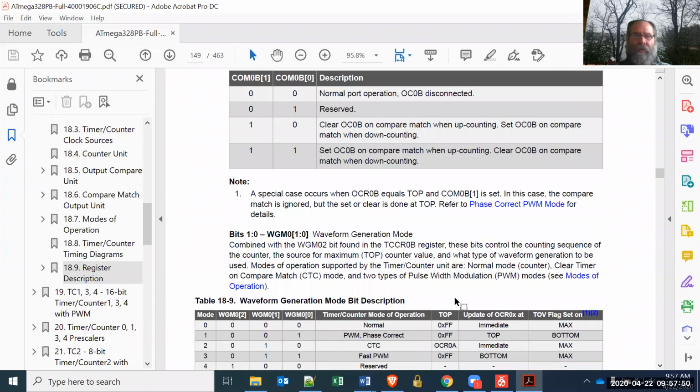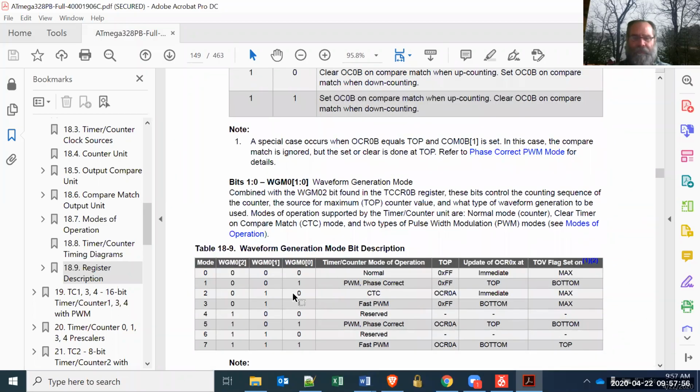We are in mode 3. Okay, we're going to be in mode 3, which is fast PWM mode. This is probably the most useful mode that there is.